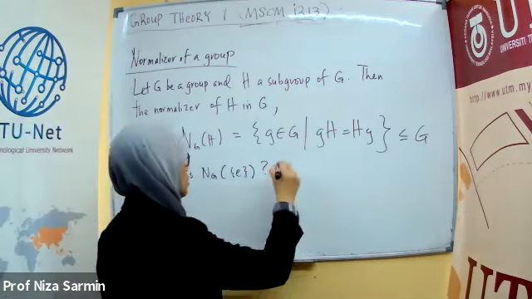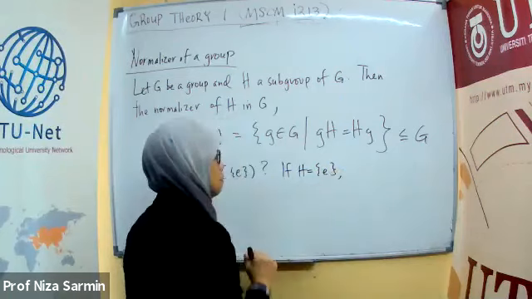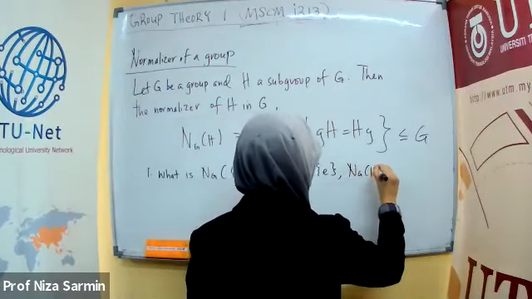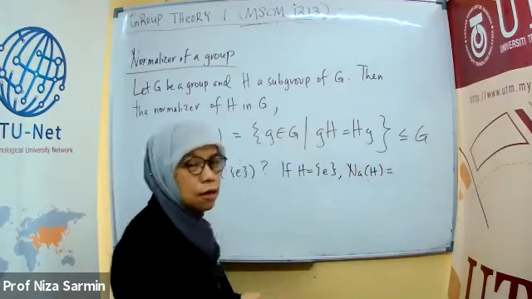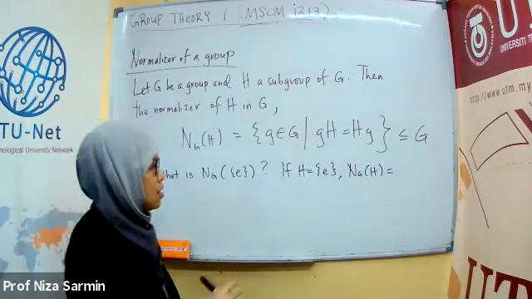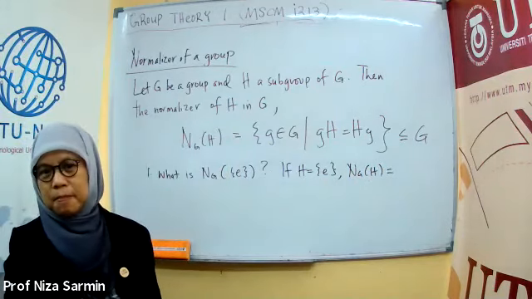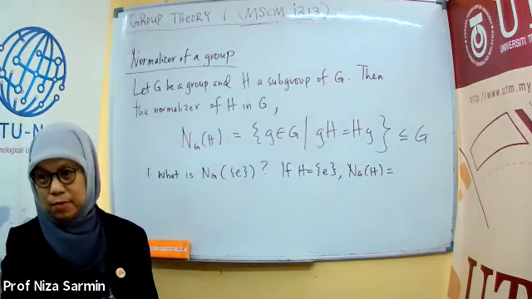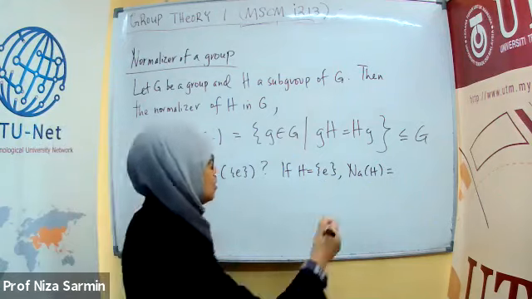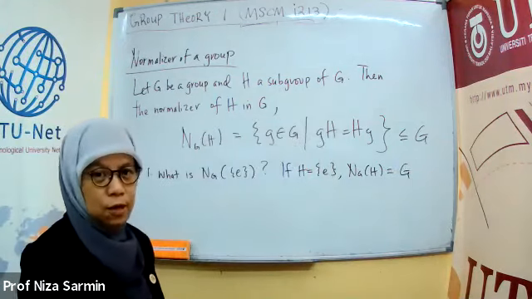If H is E, N_G(H) is equal to, what are the elements of G that commute with this? All. It has to be all because everything commutes. So this is equal to G. Okay?